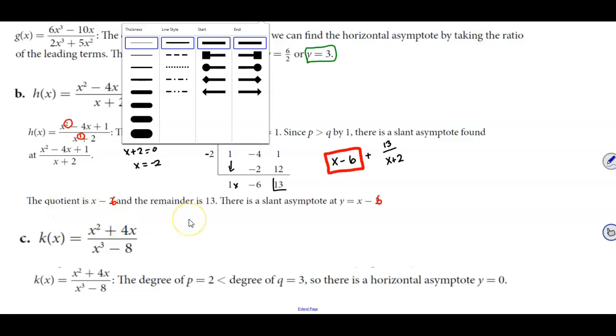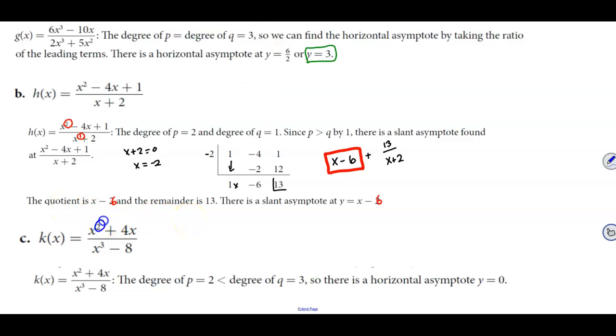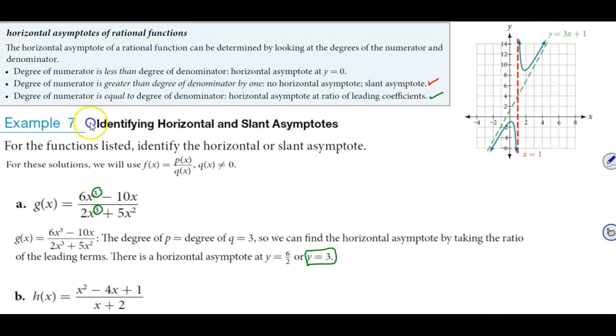The degree of the numerator is 2, and the degree of the denominator is 3. So we can see here that the degree of the numerator is less than the degree of the denominator. So there is a horizontal asymptote at y equals 0. That applies to the first part of our definition: when the degree of the numerator is less than the degree of the denominator, then the horizontal asymptote is at y equals 0.